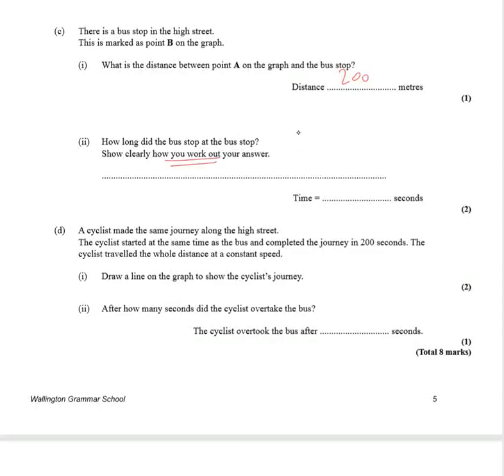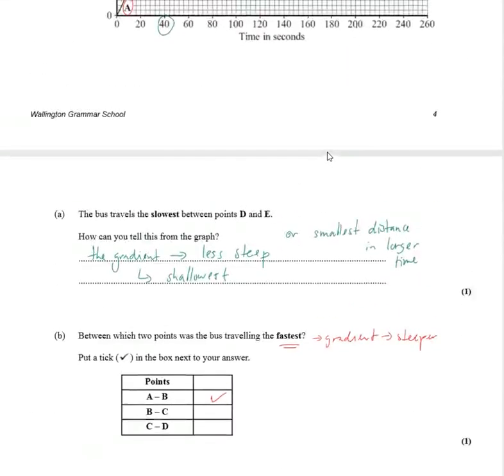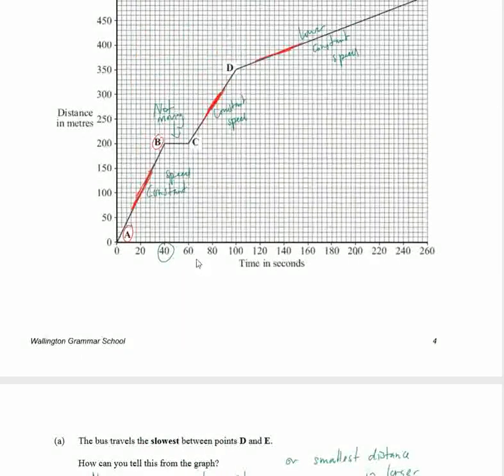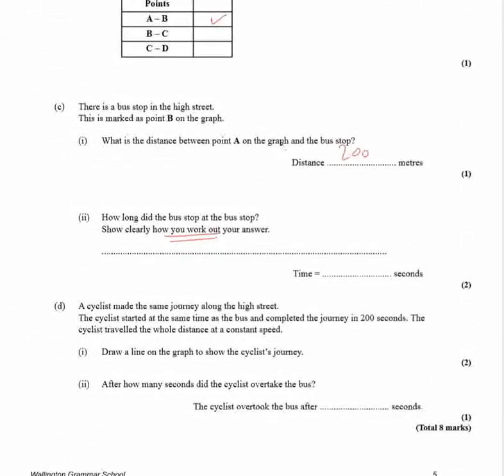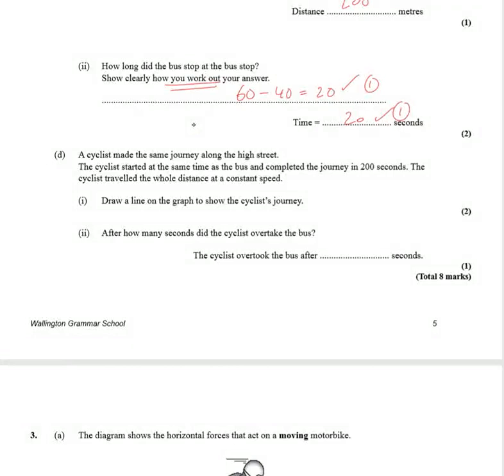We all know it stopped for 20 seconds. However, you need to show me that you are doing 60 take away 40 to get 20. So this here is 1 mark, and this here is the second mark. If you miss your working out, then you lose that mark, because it says clearly, show clearly how you got that.